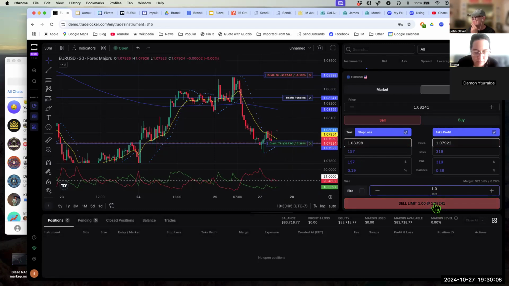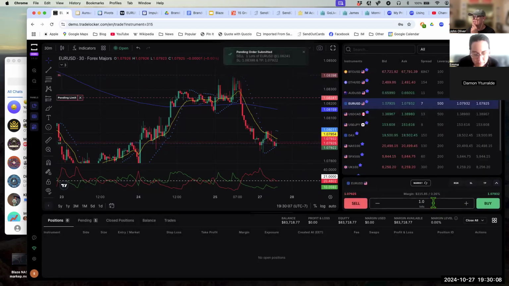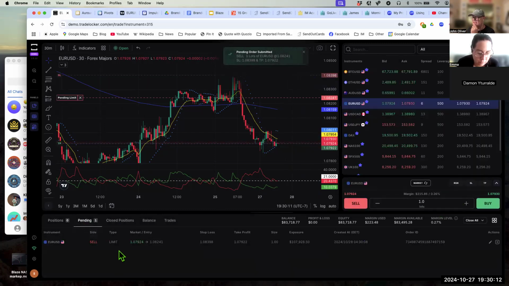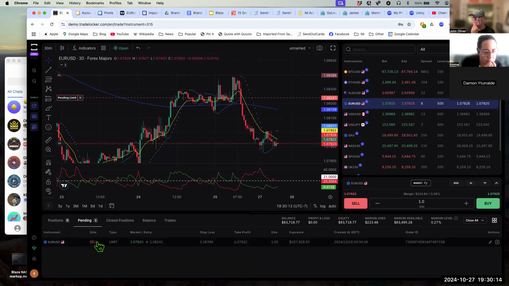And I'll put my sell limit in by pressing this button. And now I have a pending order right here. And here it is, I've got a sell limit pending. You can see that here. It's a sell. There's our market entry. That's the current market price there.